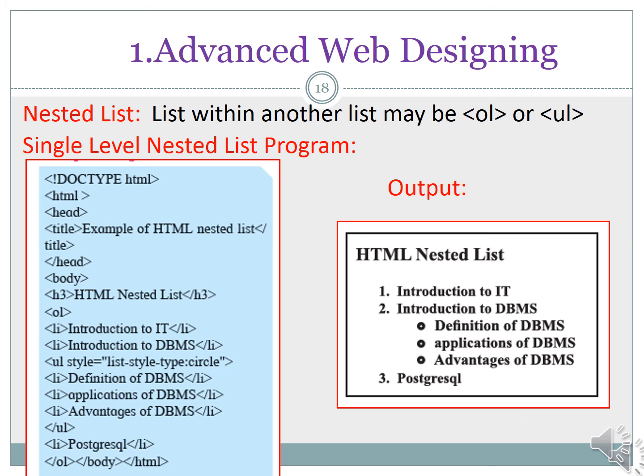For that again we have used the CSS syntax UL style equal to list-style-type: circle, and under that we have provided three list items and then ended the unordered list. Again we have given the third ordered list item as PostgreSQL, and after that we have ended the ordered list, and therefore you will get the given output.